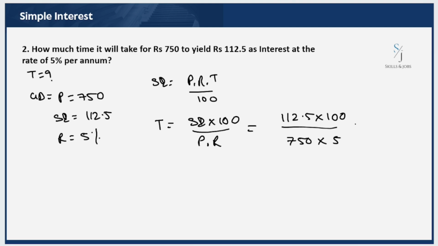R is 5%. If we solve this, we are going to get the time required to earn 112.5 rupees of interest. If you solve this, you will get an answer of 3 years. So the time required is 3 years, this is your answer.